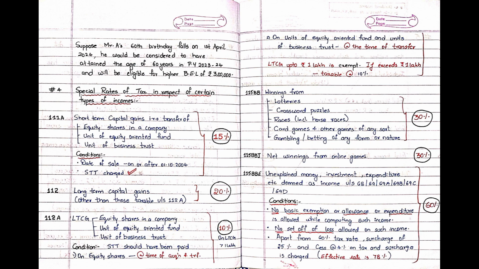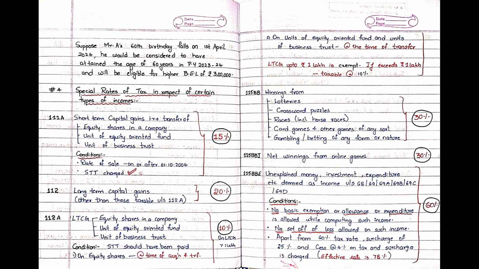Next, income, that is long-term capital gains, which are other than those taxable under section 112A. So what section 112 says is, the long-term capital gains other than those taxable under section 112A are taxable at the rate of 20%.